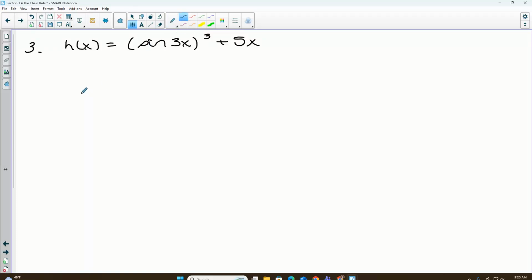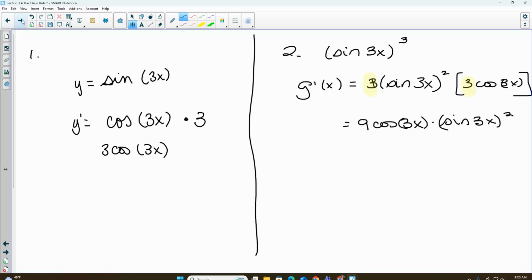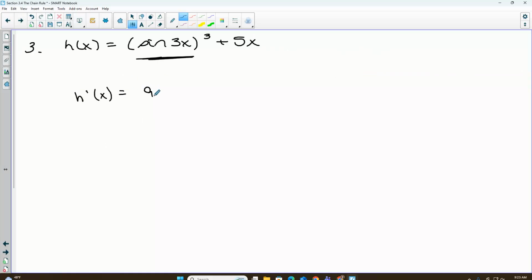All right, so what do you notice about number 3? It's the same thing you said. Didn't we just find the derivative of sine of 3x cubed? And we got 9 cosine of 3x sine of 3x squared, plus what's the derivative of 5x? 5.